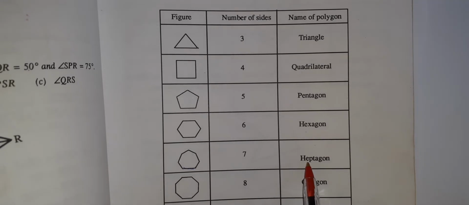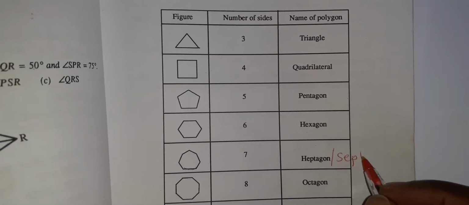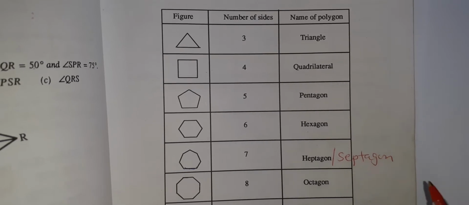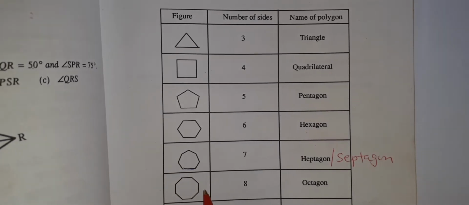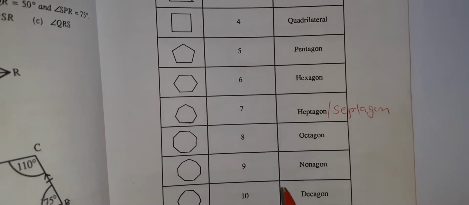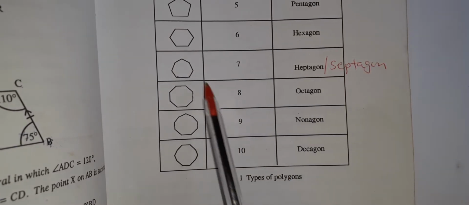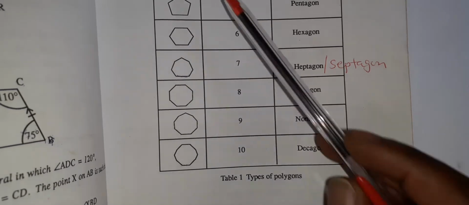Seven is a heptagon. You are also going to find there are times when it is called a septagon. For 8, it's an octagon. 9, it's a nonagon. 10, it's a decagon.